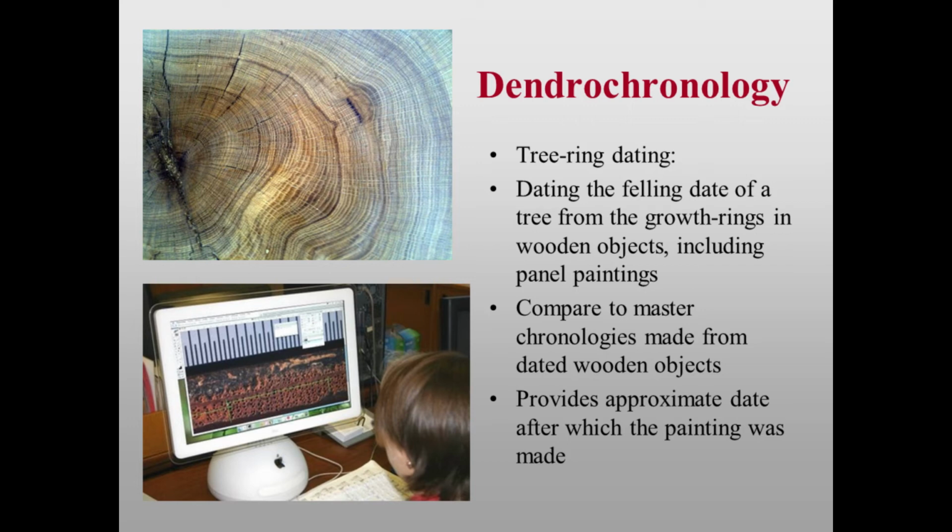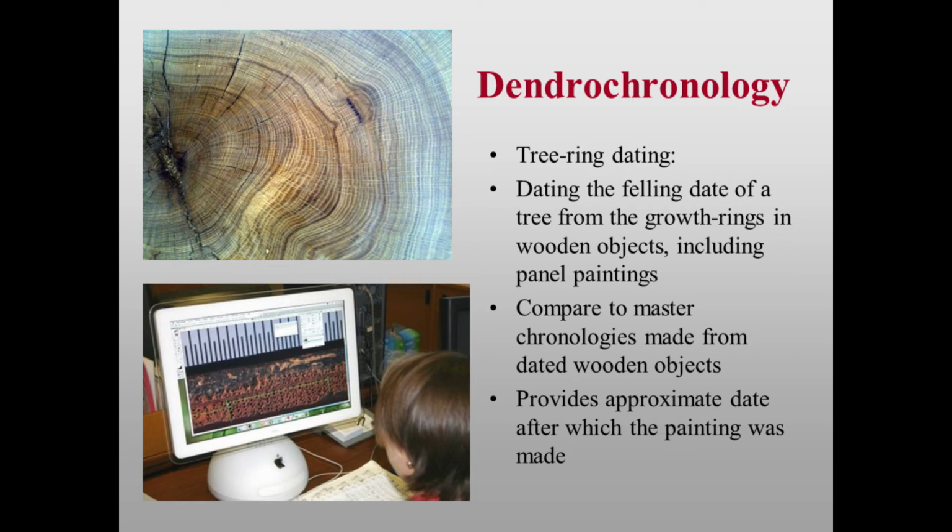Dendrochronology simply means tree ring dating. And you all know that when you do a cross-section of a tree, you cut down a tree, if you want to know how old it is, you count the rings. Well, this is a bit more than counting.